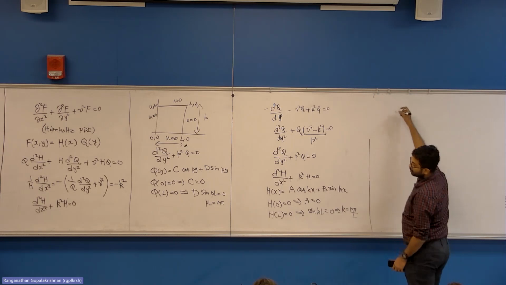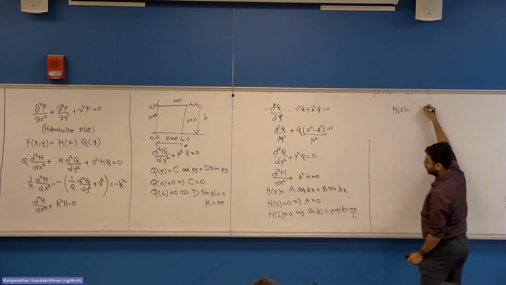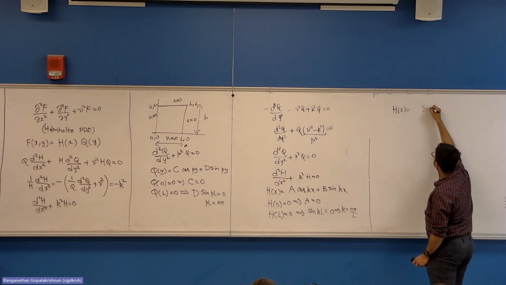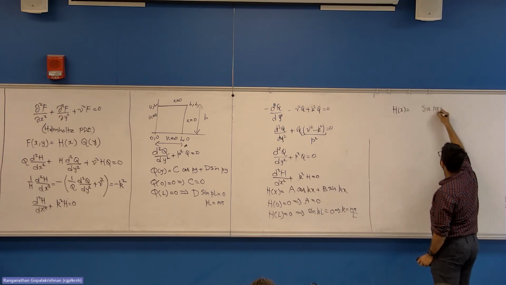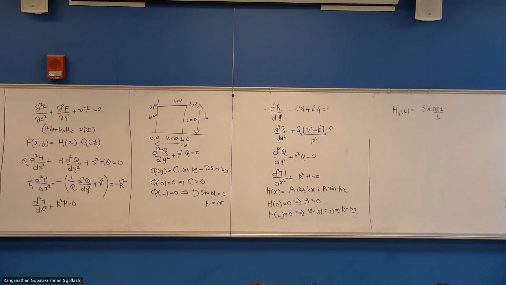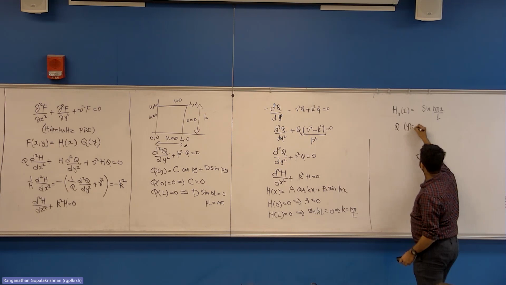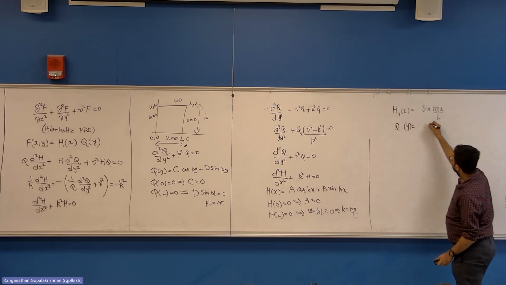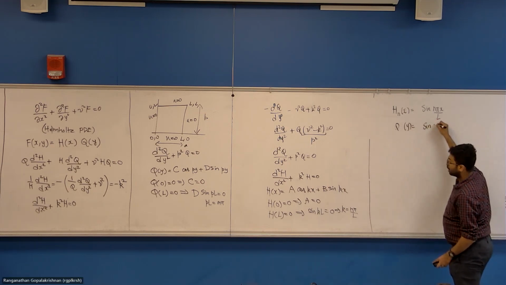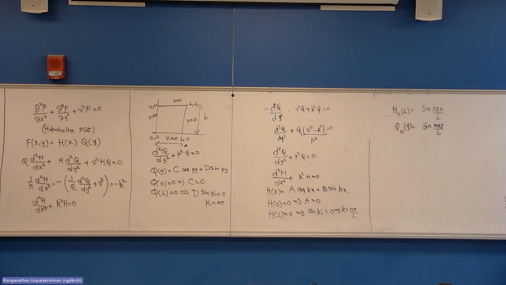So I have h of x equal to sin n pi x over L, and since this depends on n, I'm going to introduce h_n of x equal to that. Okay, and I also have q of y equal to sin m pi y over L, and since this depends on an integer m, I'll introduce a coefficient m.